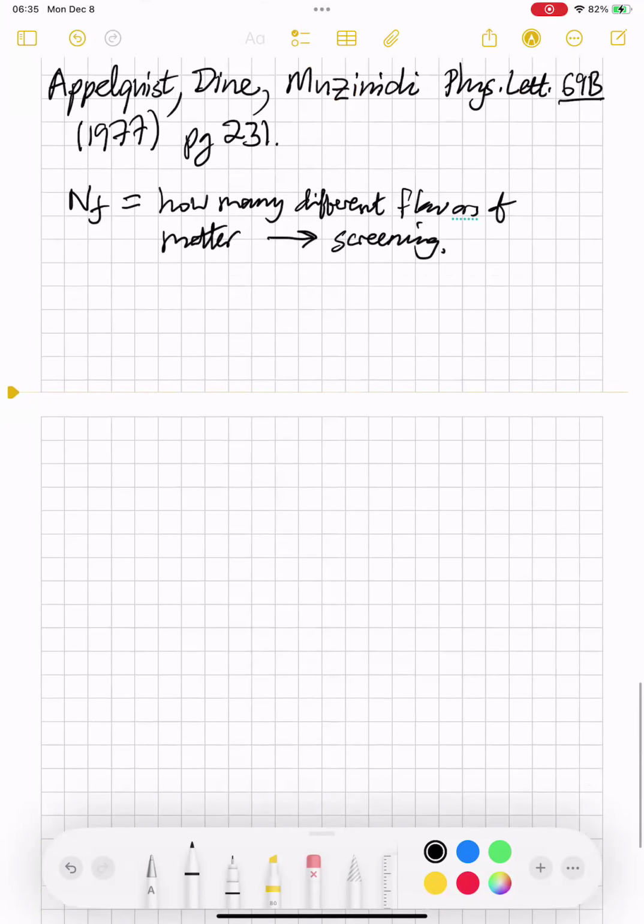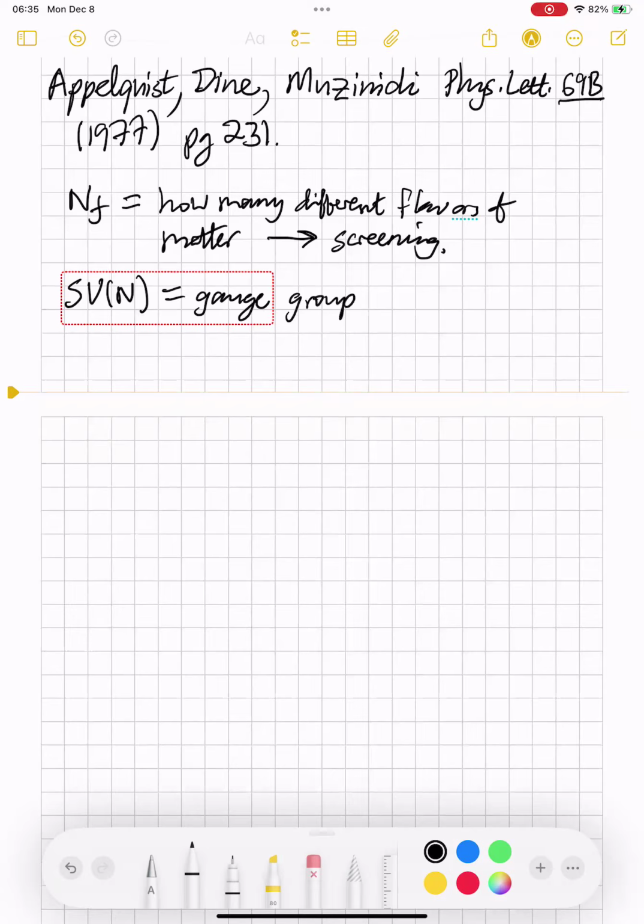The second parameter that you can have is your gauge group. So we took SU(2), but you could have taken SU(N), with N being any integer. This determines your gauge symmetry. And how many gluons would you have?